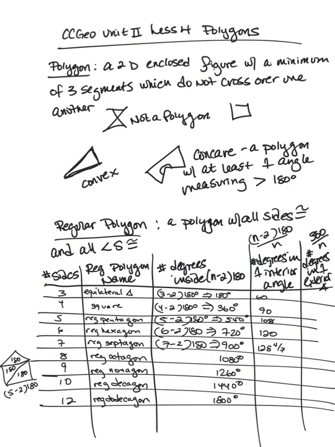A septagon doesn't really come up on the Regents. I've never seen it on the Regents. Okay, 135, 140 degrees, 144, and 150 degrees. Because it's just not pretty. A septagon is not pretty. Look at the number. Not nice.